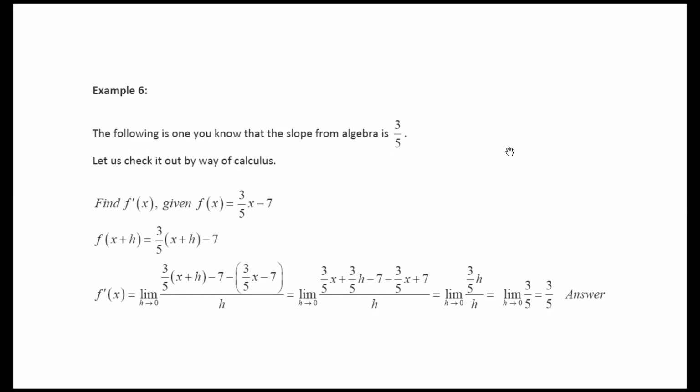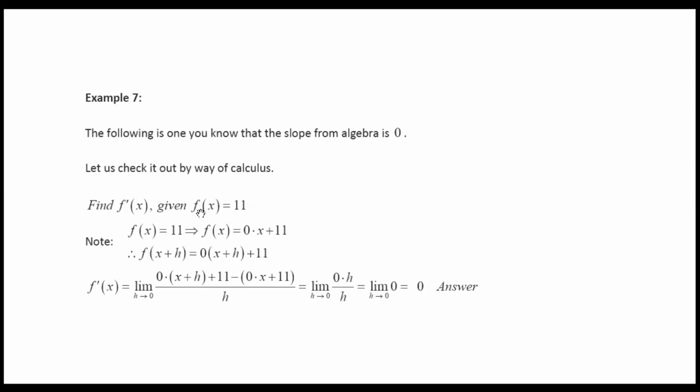And we worked one more, which is even more trivial, and that is we took something like y equals 11. That's a horizontal line. What's the slope of a horizontal line? 0. So f of x is 11. Let's think of f of x as not only being 11, but as 0x plus 11. That means f of x plus h is 0x plus h plus 11, minus f of x.